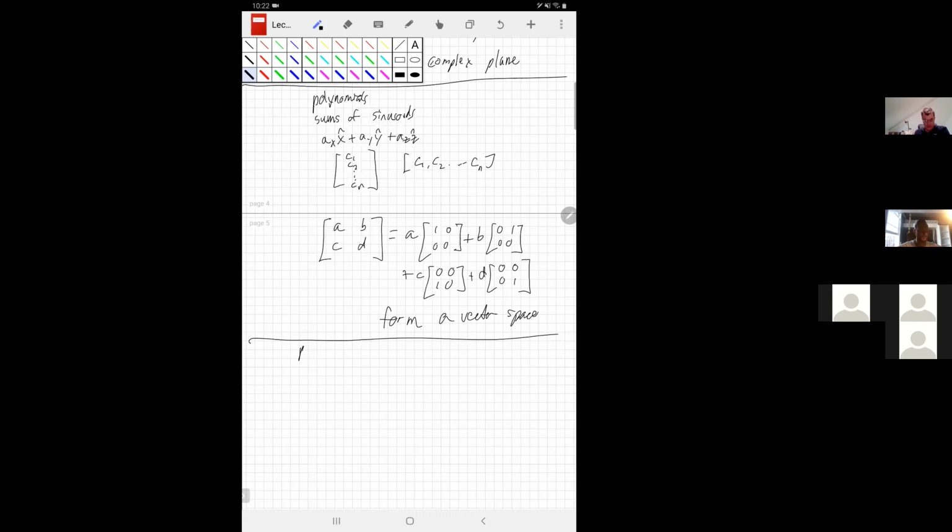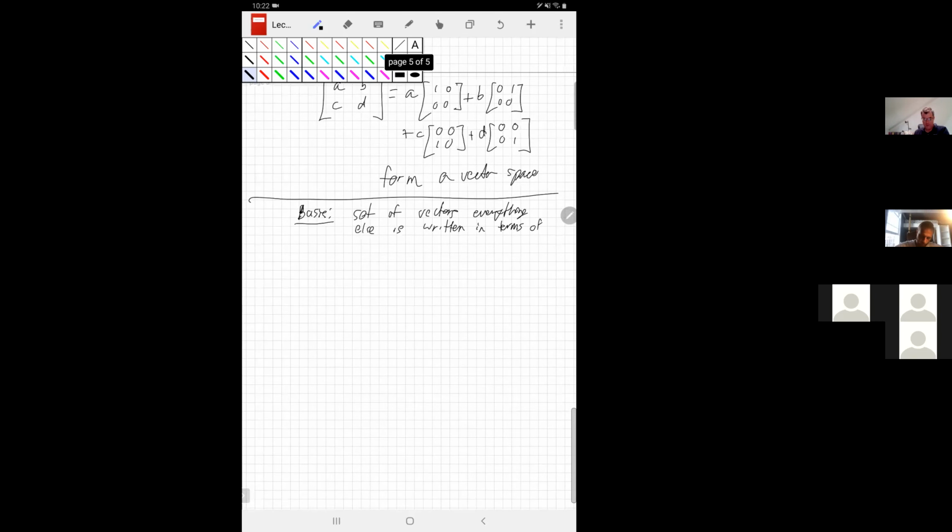Usually for a vector space, we work with something called a basis. That's just a set of vectors that everything else is written in terms of. Right?